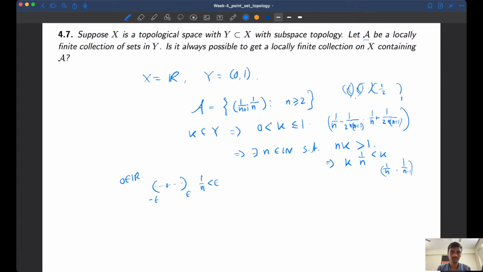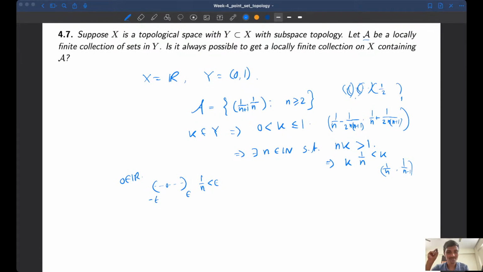The idea that we just used to show that 0 is a problematic point. Can you please tell me again later, because the definition that I learned from the class is that a collection is locally finite at X if a finite collection of the family intersects X. Is it correct?